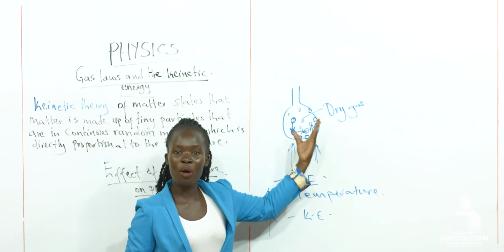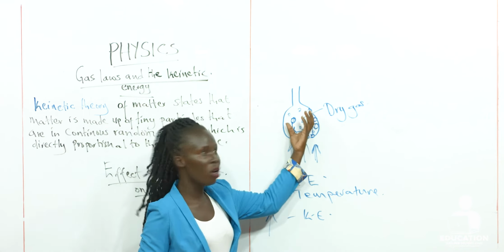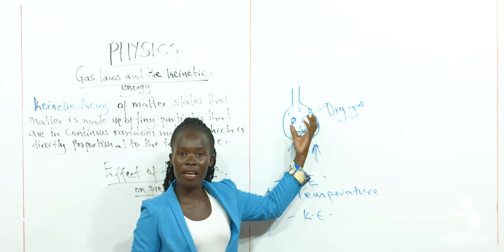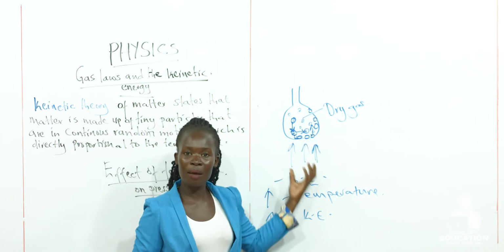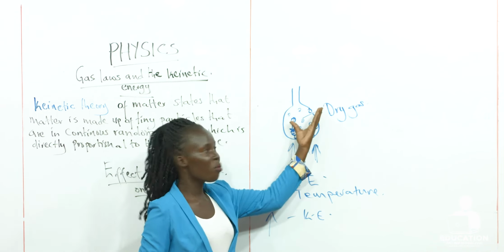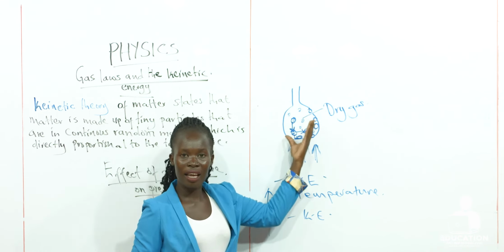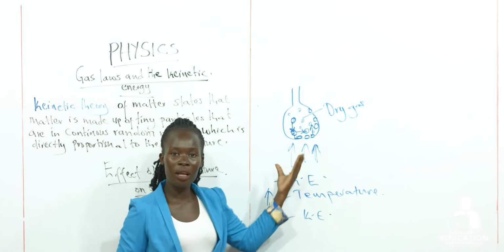And because of this frequent collision, it is more violent. So with increased temperature, it cannot accommodate all the pressure inside here. That's why the container will burst.